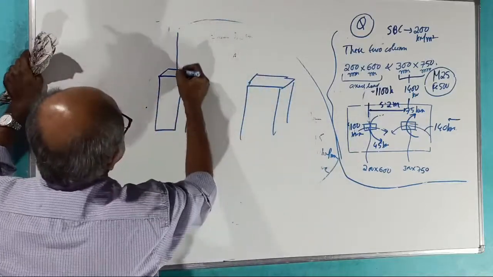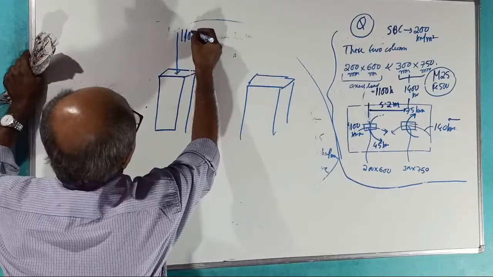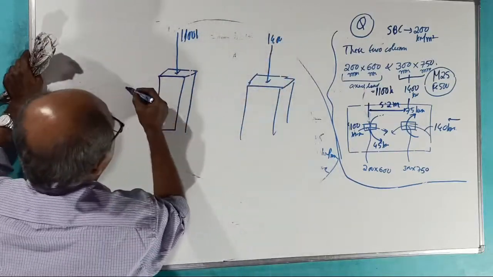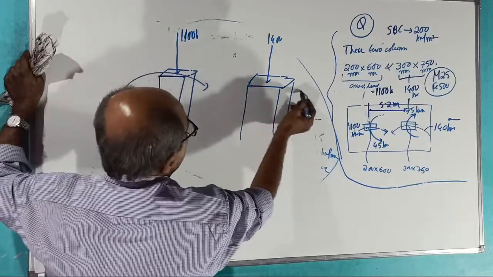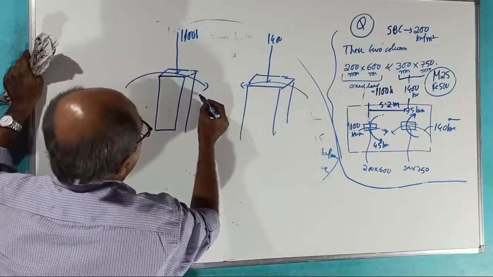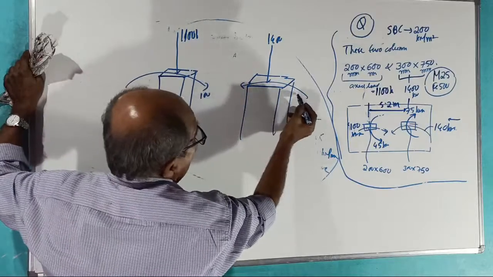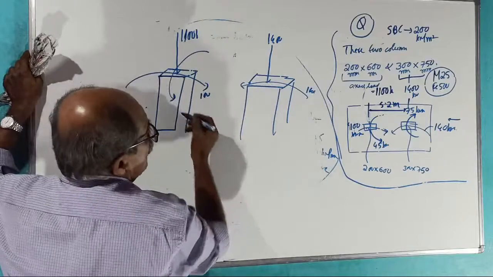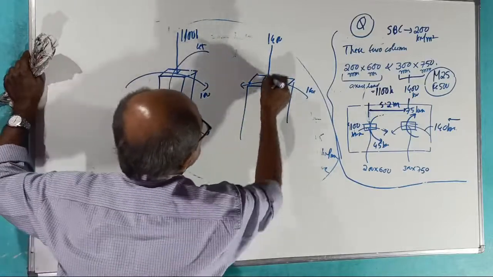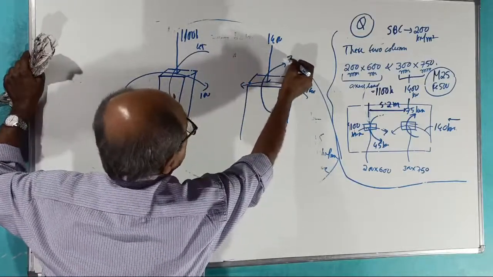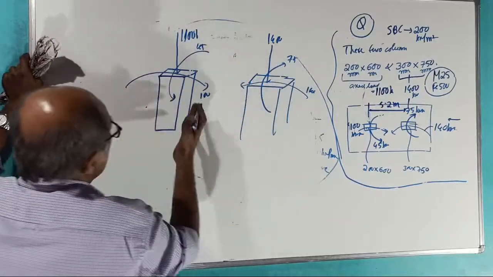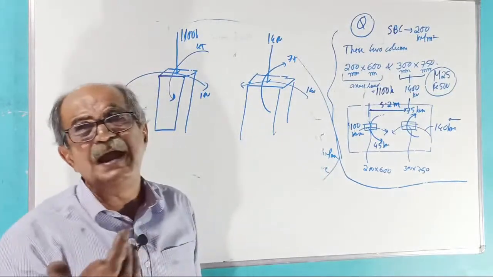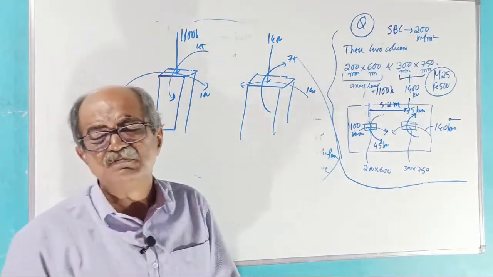Here, this load is 1100 kilonewton, this load is 1400 kilonewton, and one this way and one this way of 100 kilonewton meter and 140, and one this way of 45, one this way of 75. This is the arrangement. You can make a note. Here you cannot show it. These all I explained earlier. Again I'm wasting time. Okay.